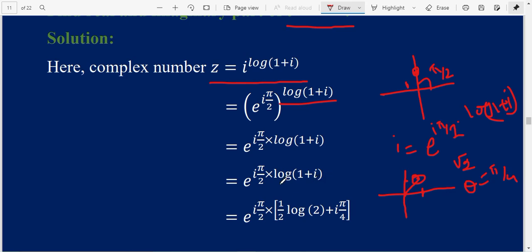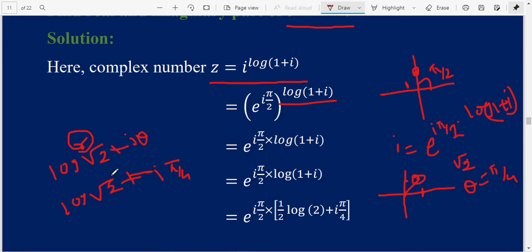So log(1 plus i) is equal to log root 2, where root 2 means 2 raised to 1 by 2, plus iota theta. So log root 2 plus iota pi by 4.